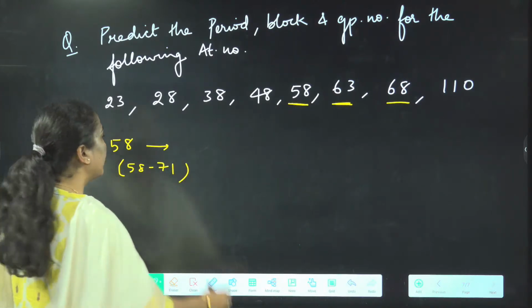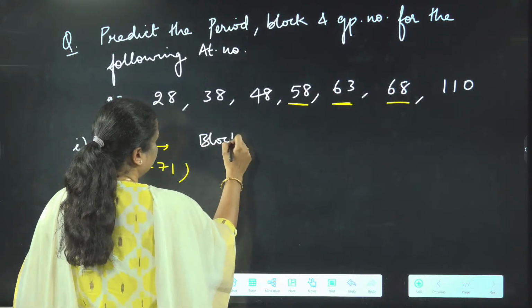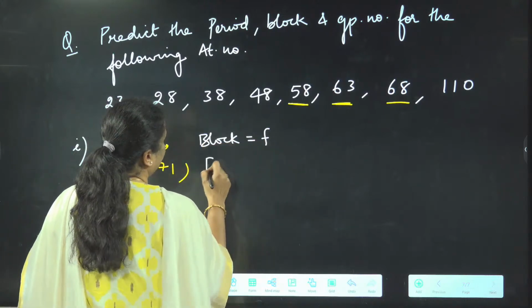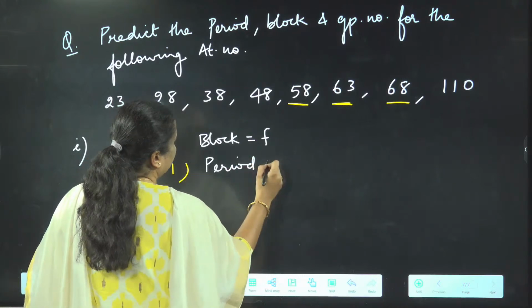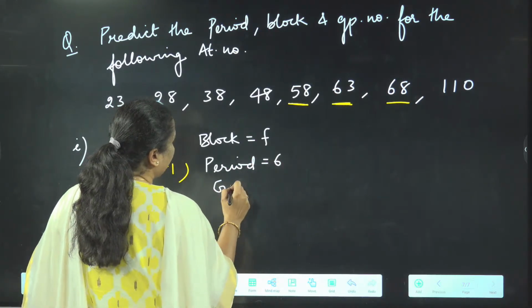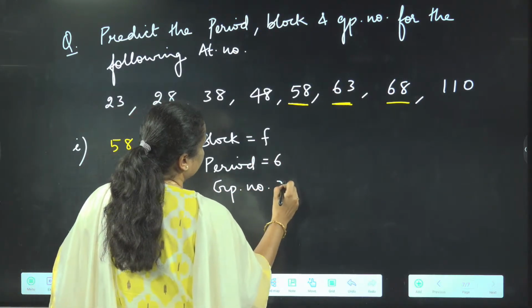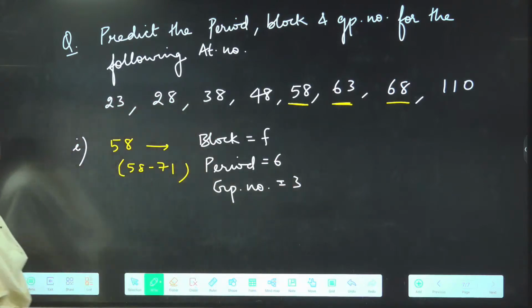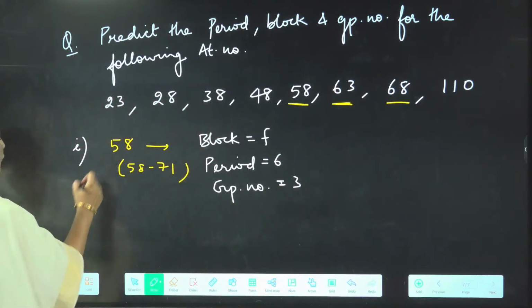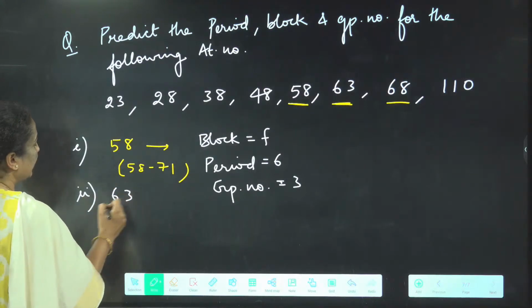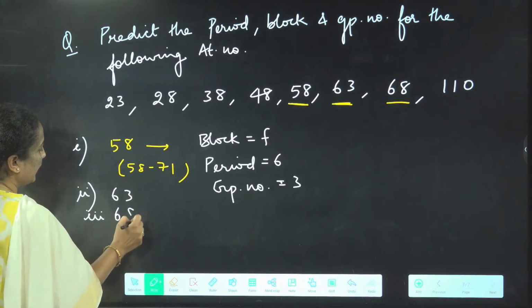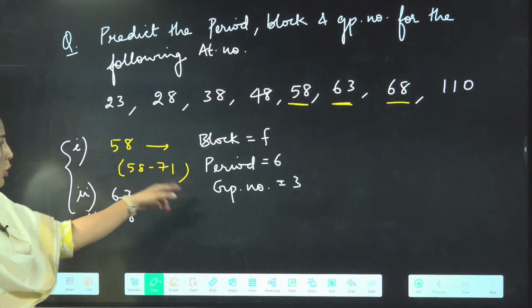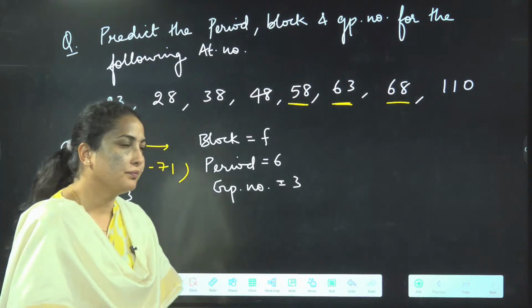So for 58, block is going to be F block, period is going to be 6, and group number is going to be 3. This is same for your 63 as well as 68. For all of them it is the same thing, because all of them are coming under this range.